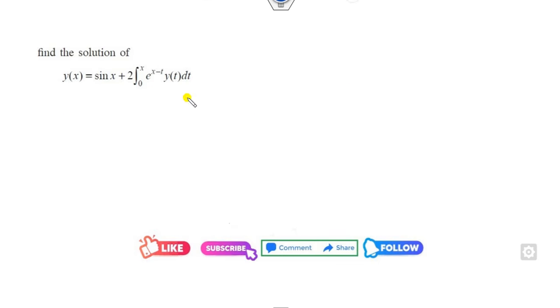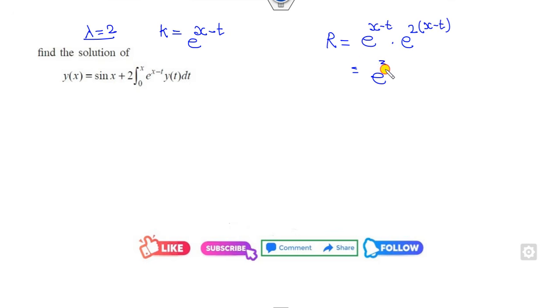Again, look at this another one. Lambda is given as 2, x is positive, so k is my x minus e raised to power x minus t. Does it satisfy all properties? Yes, it's satisfied. So the resolvent kernel will be x minus t, e raised to power lambda times x minus t, so that means e raised to power 3x minus 3t.